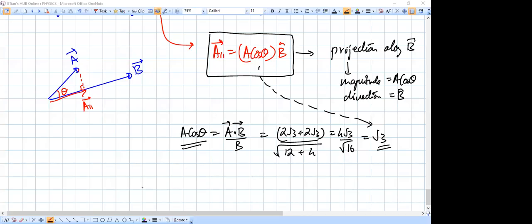And similarly, we will substitute B cap as the vector B divided by its magnitude.